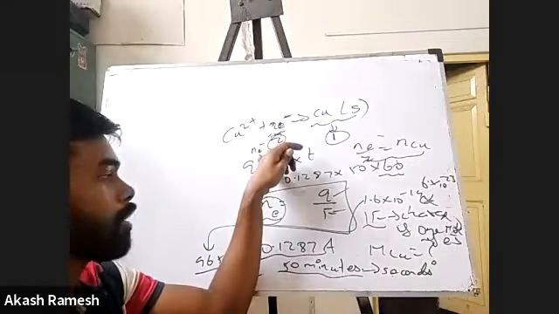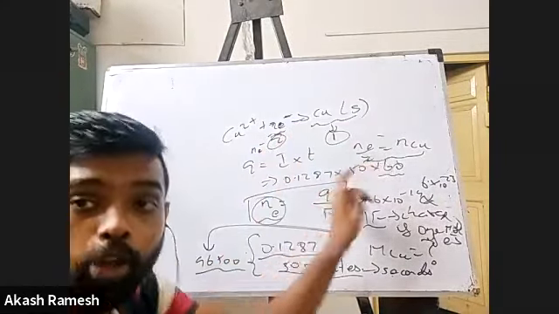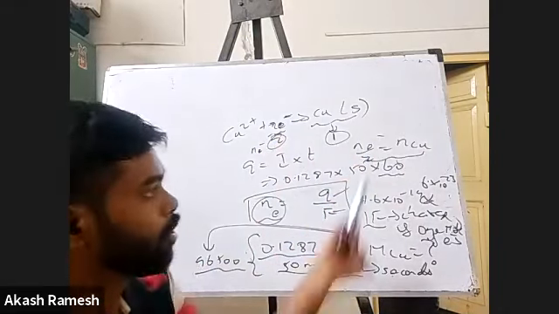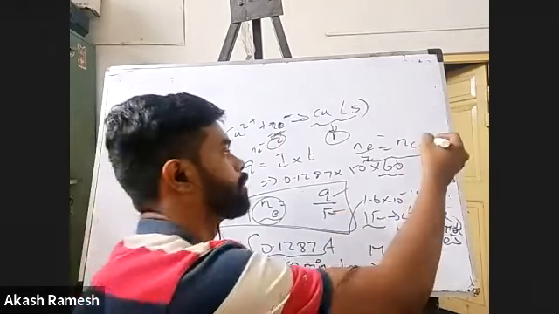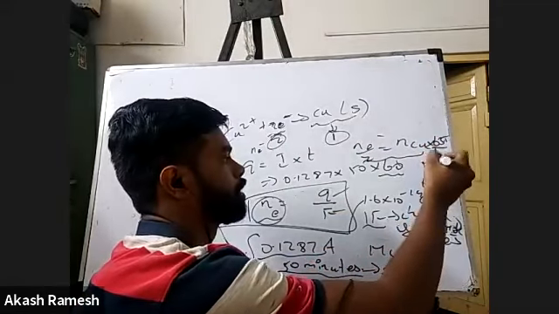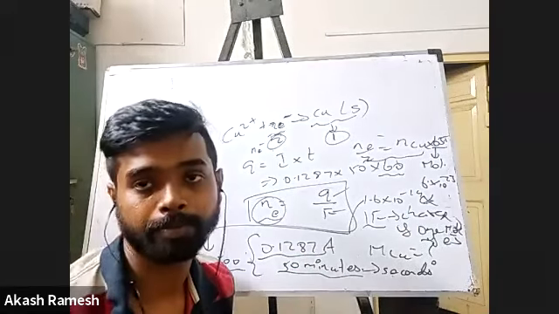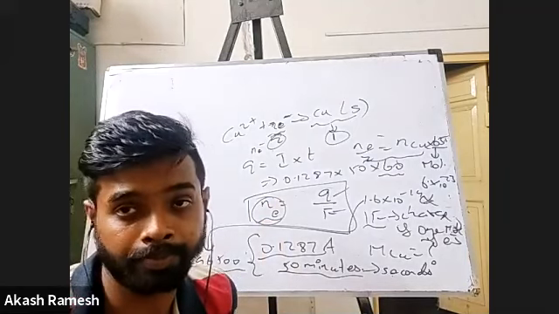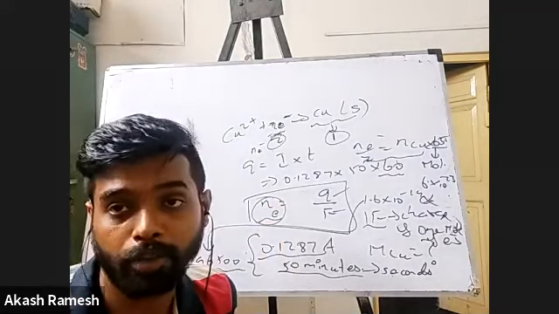So n moles of electron will give me n by 2 moles of copper. Very simple. Right. Now you know the number of moles of copper. This number of moles of copper into 63.5, where 63.5 is nothing but the molecular mass of copper. You multiply it, you are going to get the mass of copper deposited.